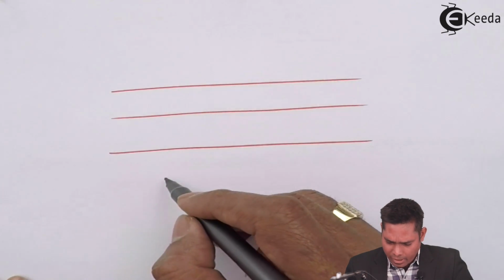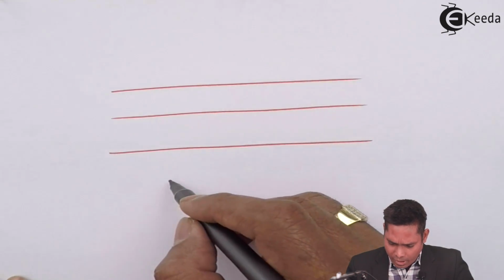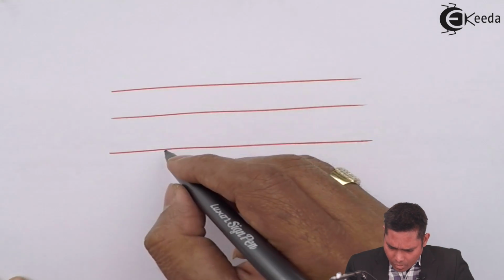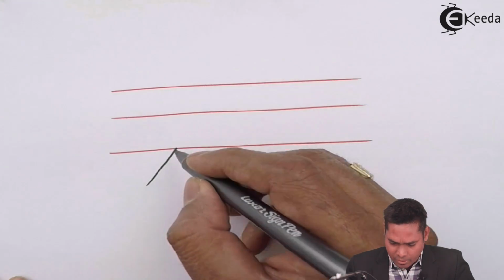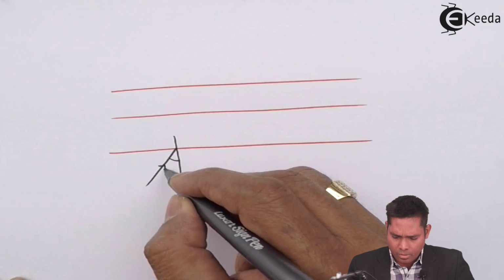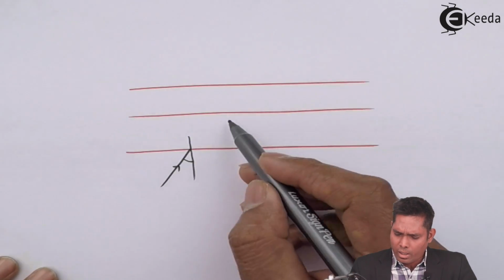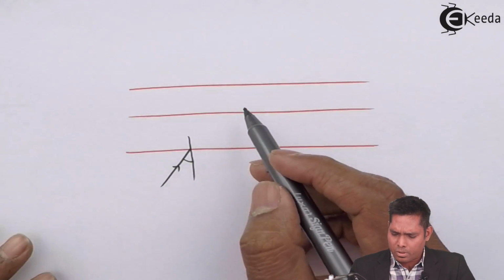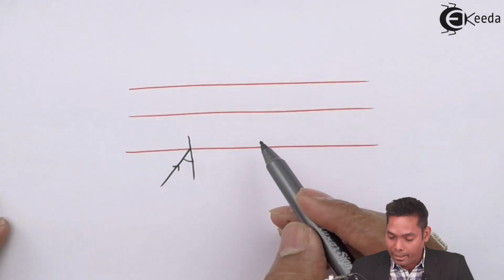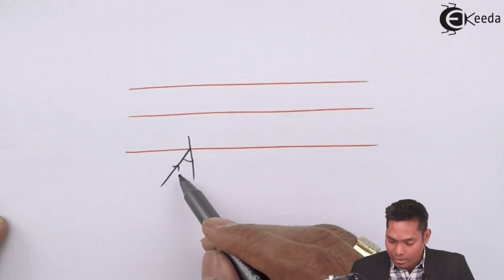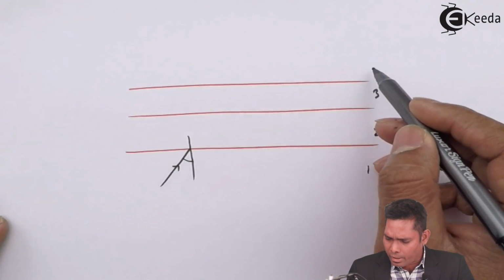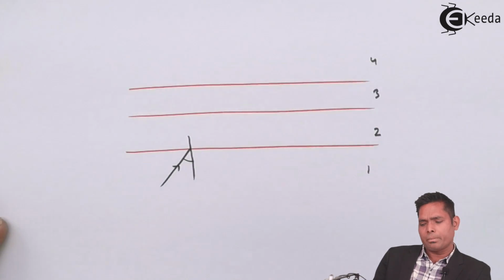The ray is entering, striking at a certain angle here. This is normal. So these are the lines which are parallel. Suppose the slabs are kept like that, or any mediums are kept like that, if their layers are parallel. Suppose that this is medium 1, this is 2, this is 3, and this is 4. This might be a different medium.